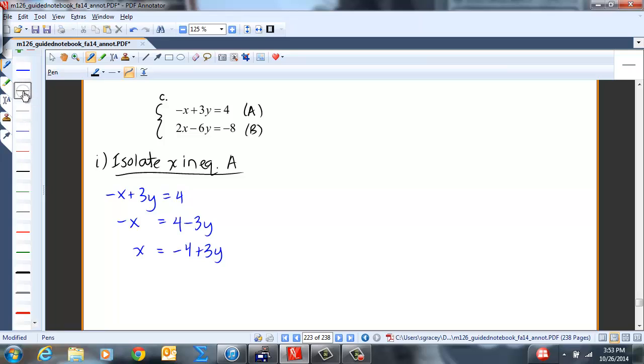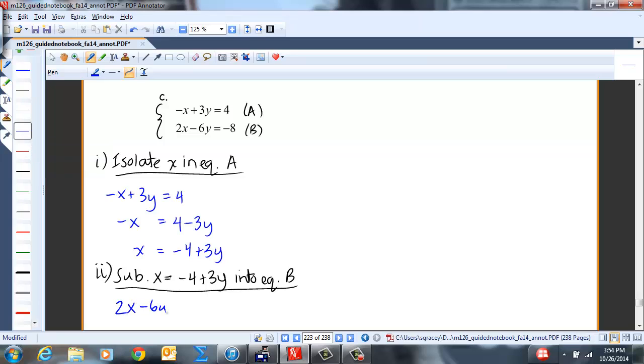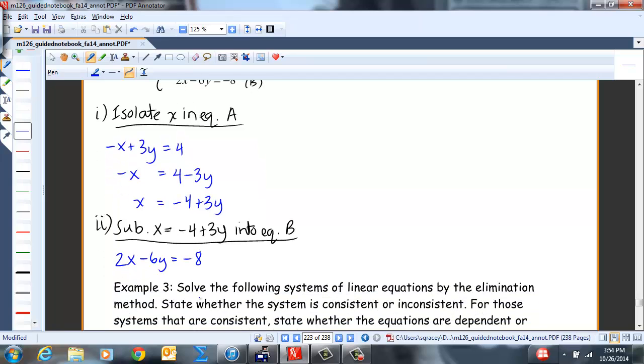So now what we need to do is substitute x equals negative 4 plus 3y into equation B. So you have to make sure you do it in the other equation. So equation B is 2x minus 6y is equal to negative 8.